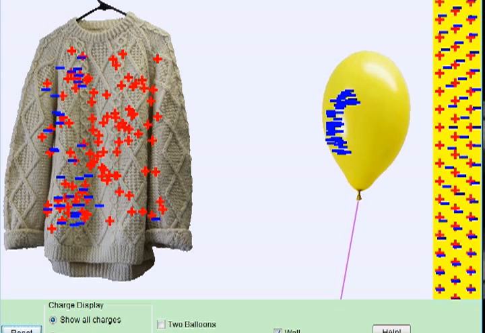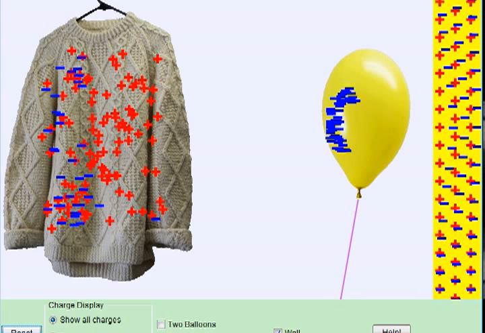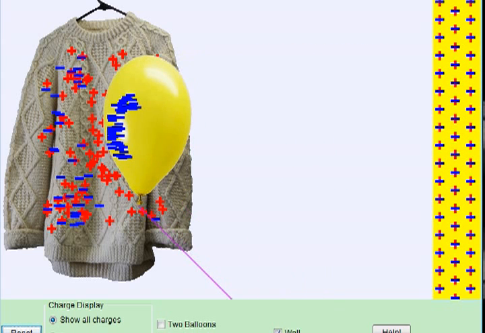And the closer I bring it, the more those negative charges are pushed away. What that means is that the surface of the wall is left slightly more positively charged, and the positively charged surface of the wall will attract the negatively charged balloon, but not enough in that instance.